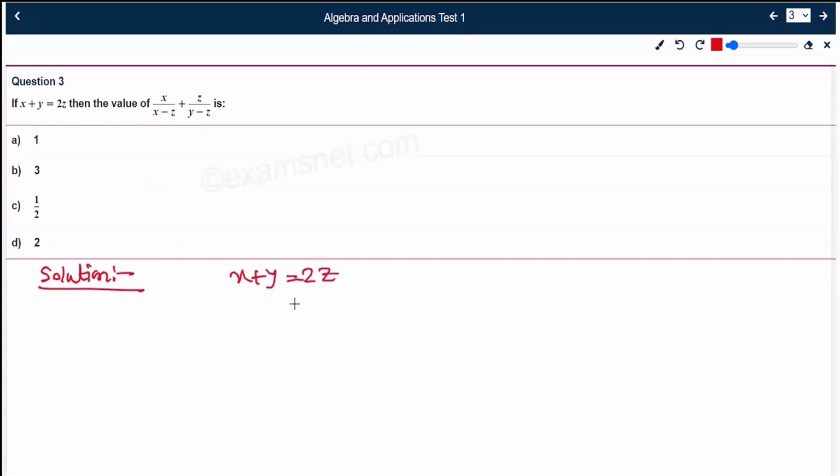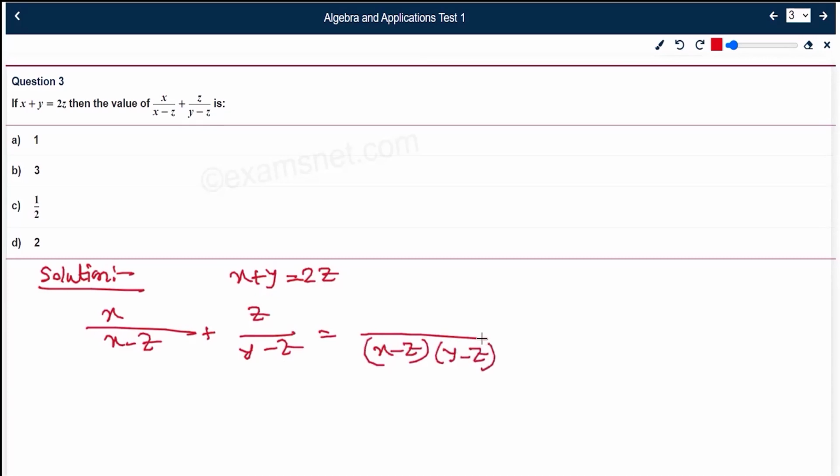Now we will use this in the coming steps. Start with the expression first. Now in the next step, we will do the LCM. So x minus z multiplied by y minus z, and y times x minus z plus z multiplied by x minus z.